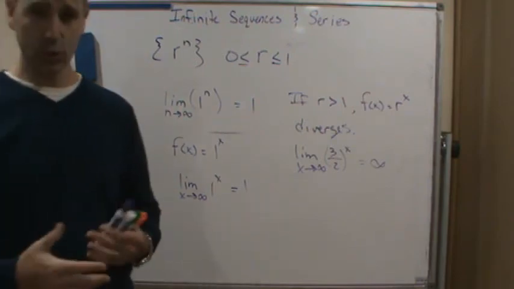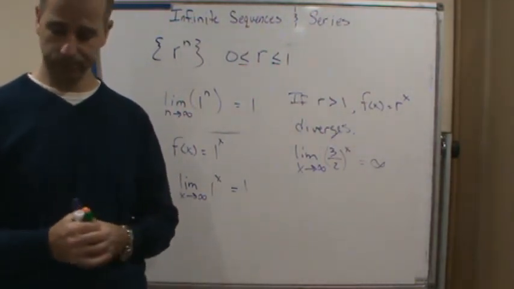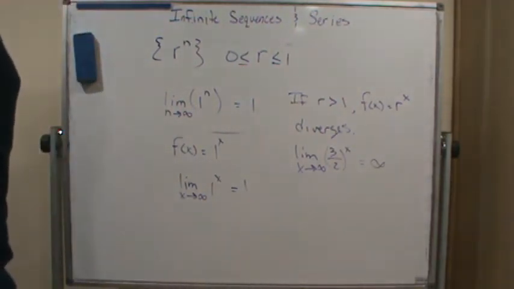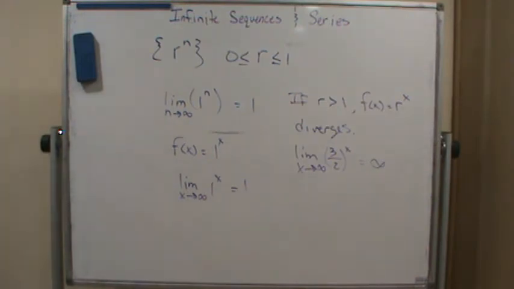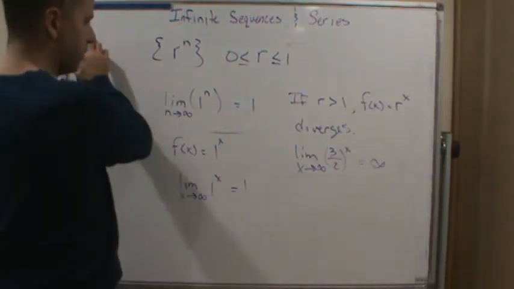In this case, we can't use the theorem. But by looking at r sub n, just as the function r of x grows without bounds as x goes to infinity, the terms of the sequence are also going to increase without bounds.